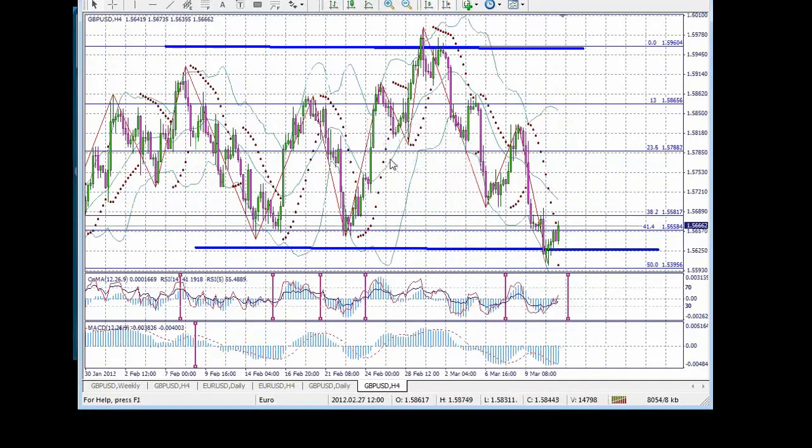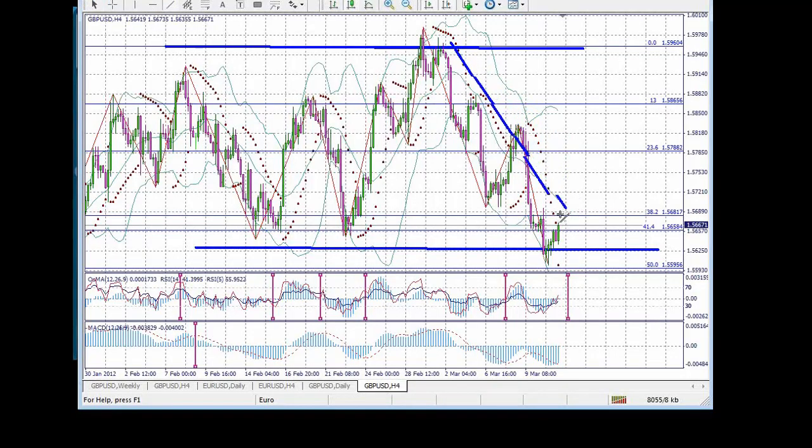On 4 hours, we can see that we have different things, and we can also look for one channel. Here it was like this and was a little bit modified later.